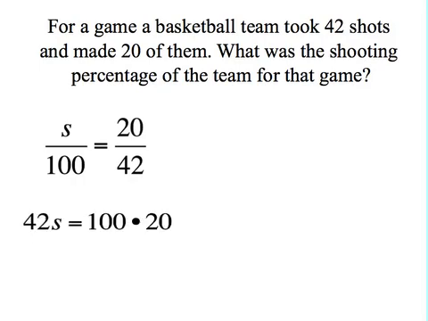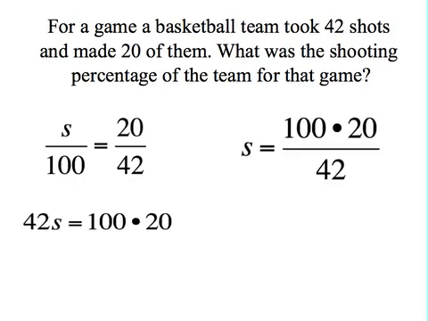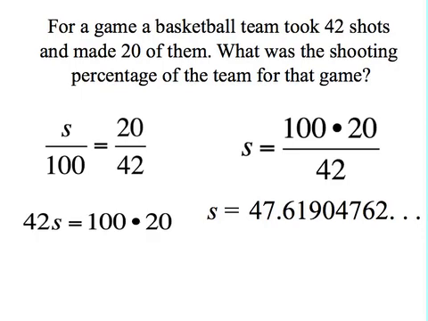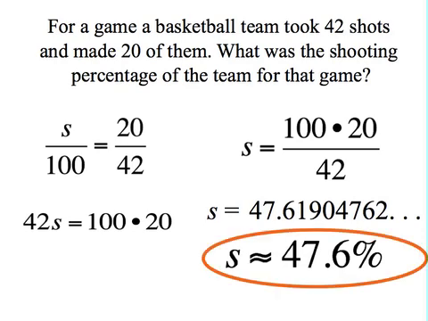We apply the means extremes property, divide by 42 to solve for S, get out our calculator, 100 times 20, then we divide by 42, doesn't come out even. Shooting percentages rarely come out even. We often round, often to the nearest tenth, so we'll say that this team shot 47.6% for the game, and we've used a proportion to solve this problem.